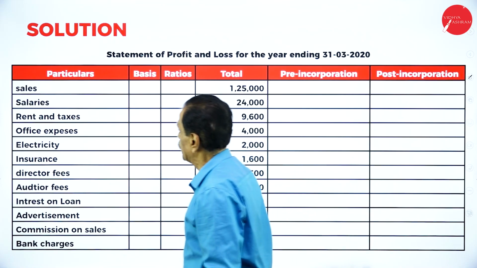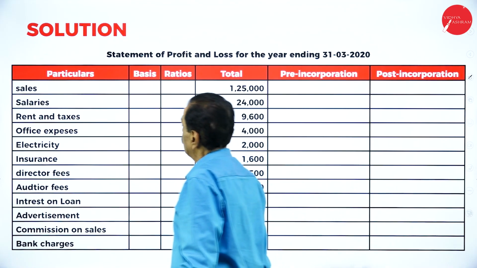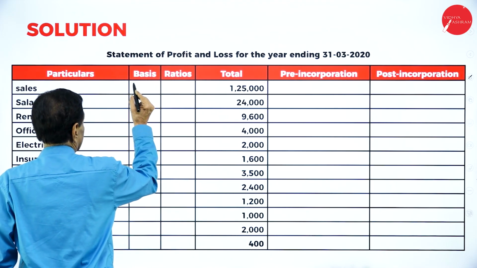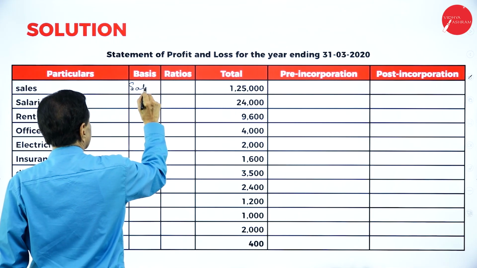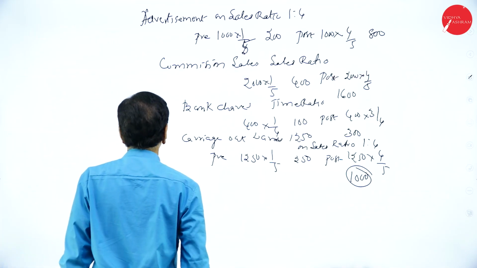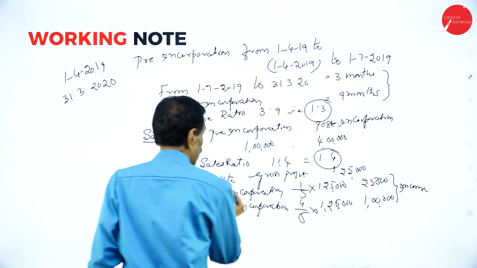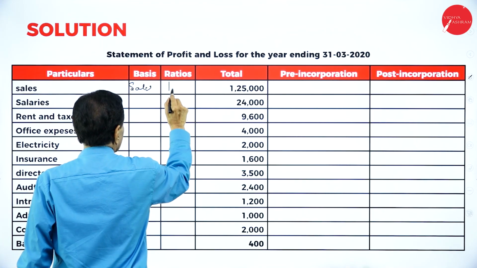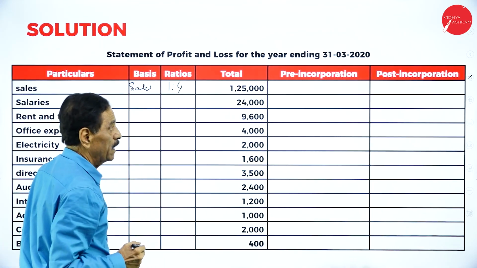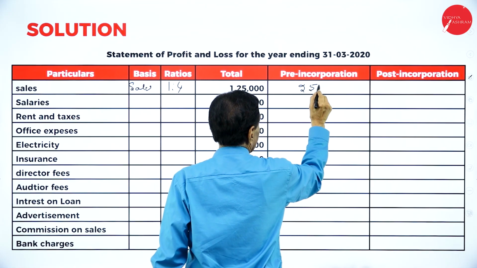Come back. Basis sales 1,25,000. Basis sales ratio. What's your sales ratio? Your sales 1:4. Already divided. Pre-incorporation profit is 25,000.